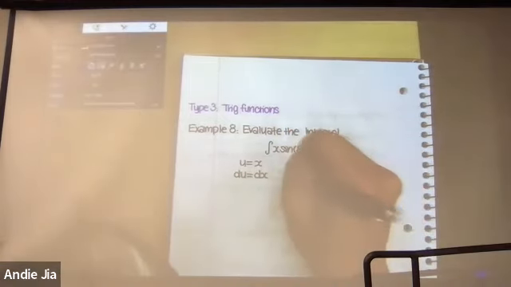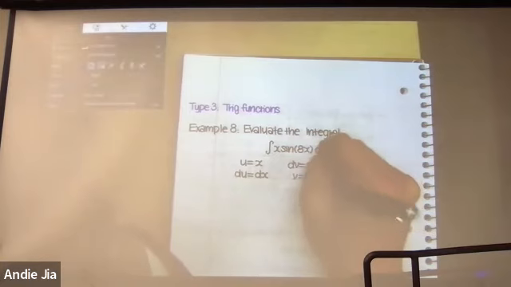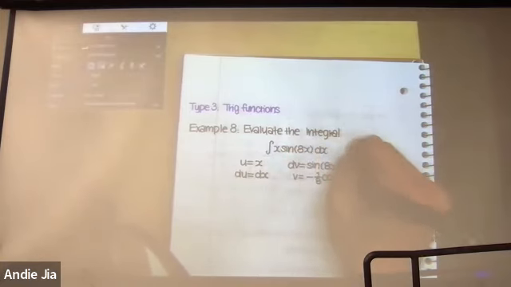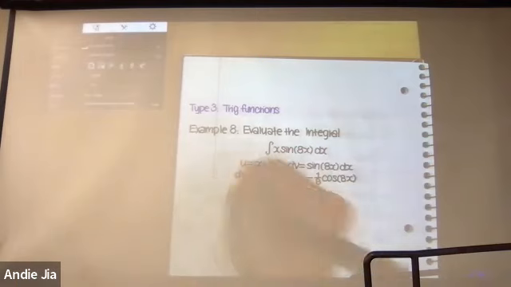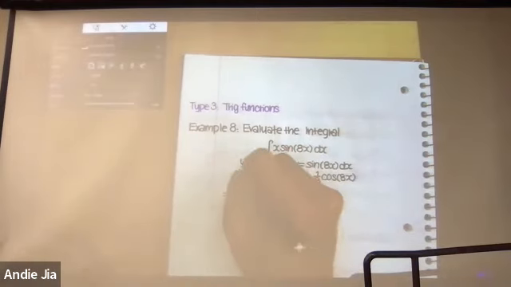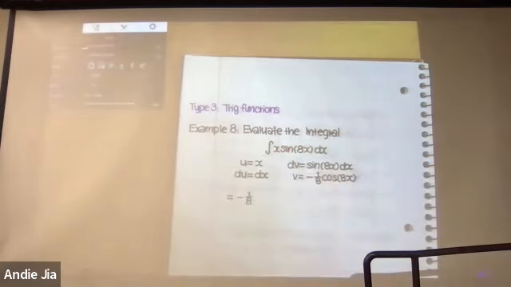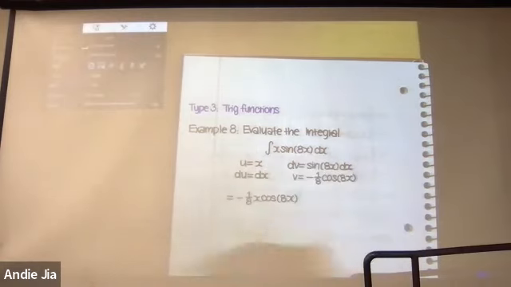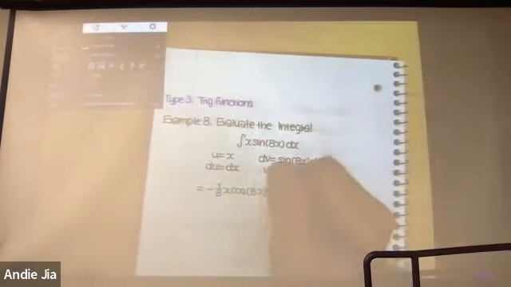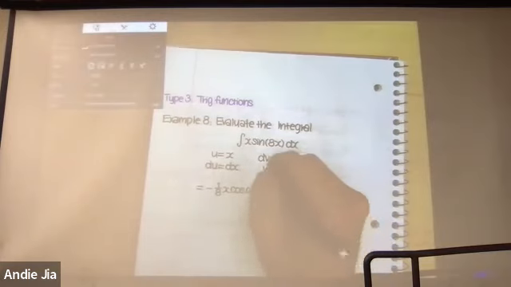The v is going to be negative 1 over 8 cosine of 8x. Then the integration will be negative 1 over 8 x cosine of 8x, minus, plus sign.